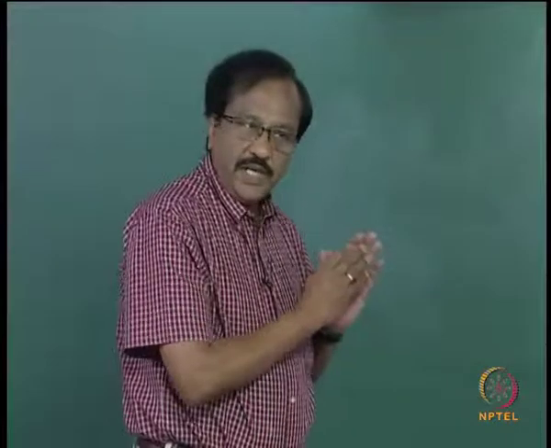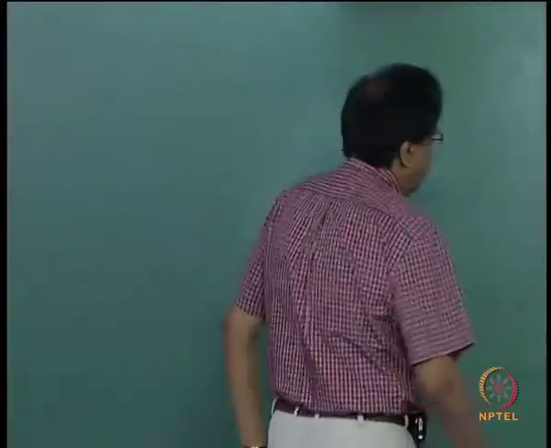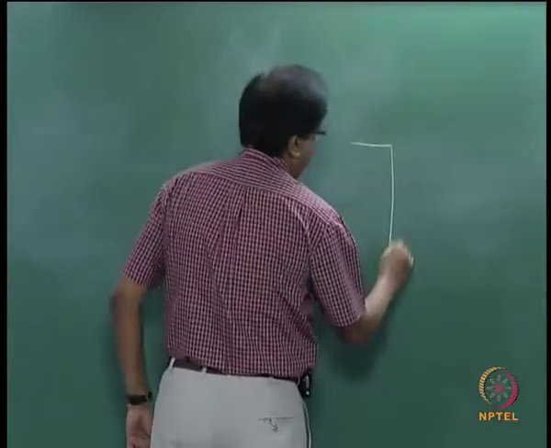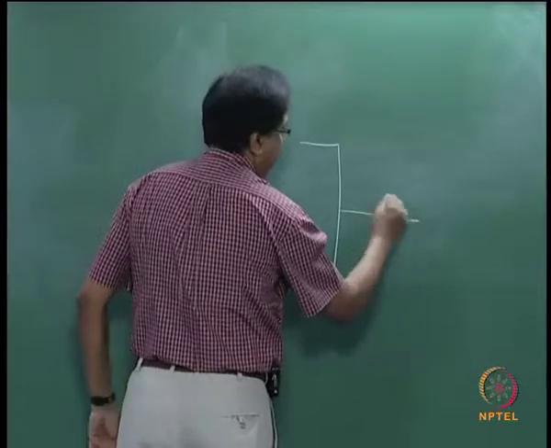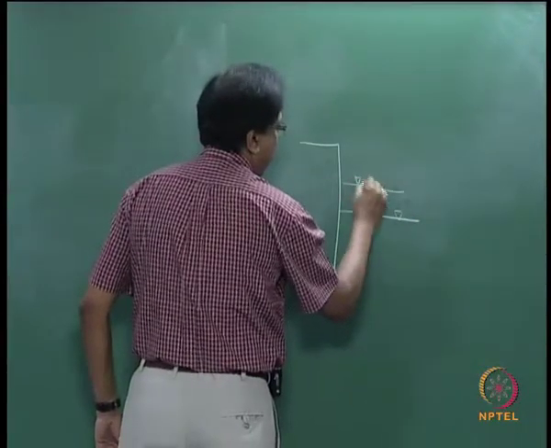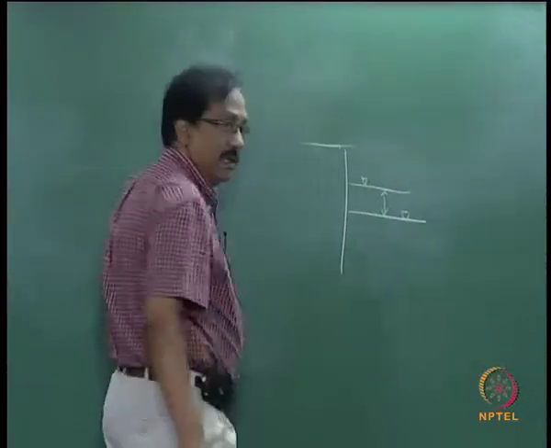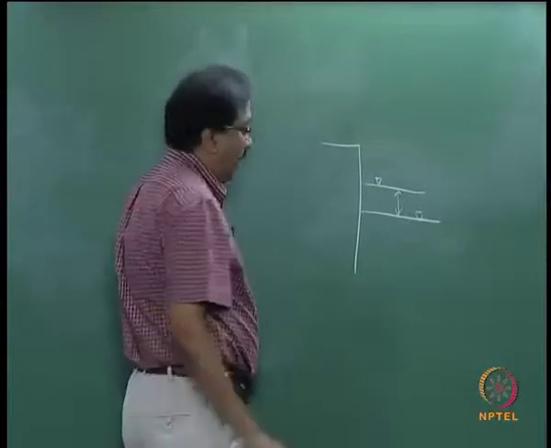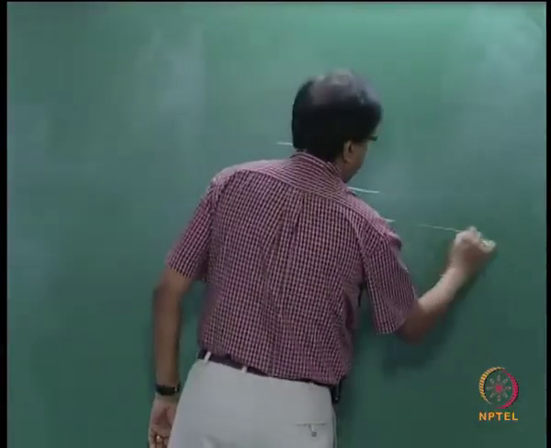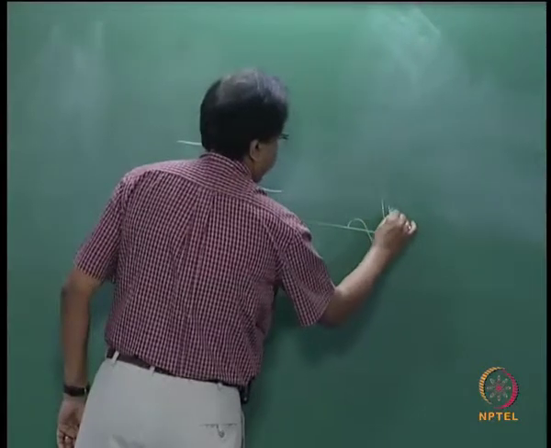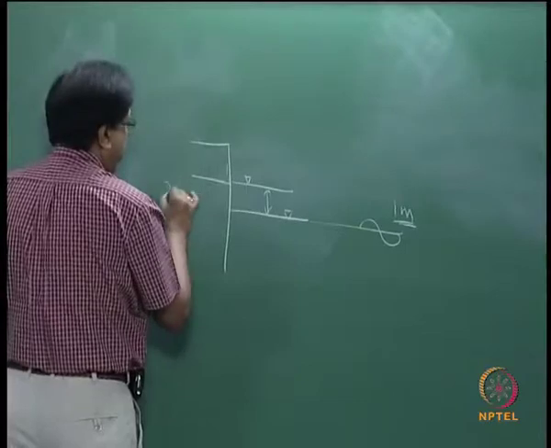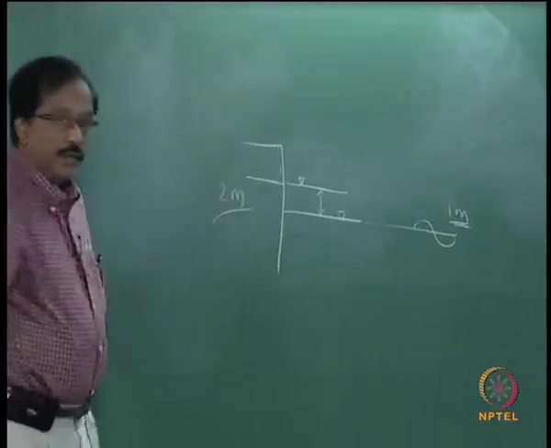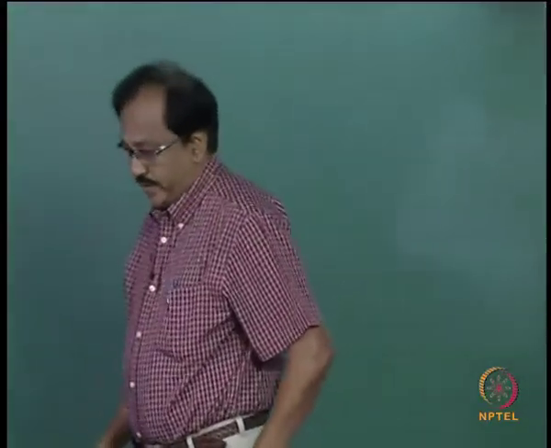We have already seen when there is pure reflection, when you have a wall, I have already told you that the water level itself in front of the sea wall will go up by a certain magnitude, and the wave height, if it is 1 meter, you expect the wave height on the wall to be 2 meters, that is twice the incident wave height.